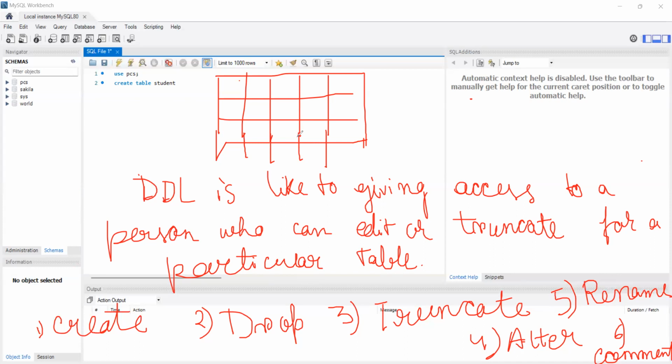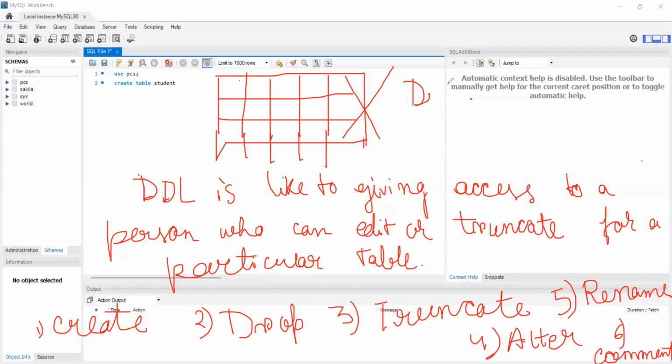Drop is used to remove the whole table structure or whole database and its contents, so there is no existence of this table. When you use truncate, the table exists, but all records are deleted. Clear? Yes, sir.